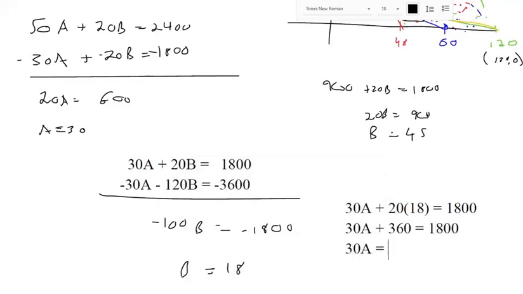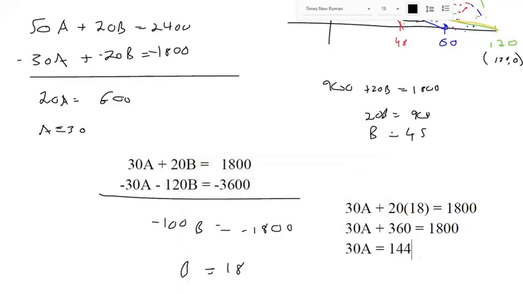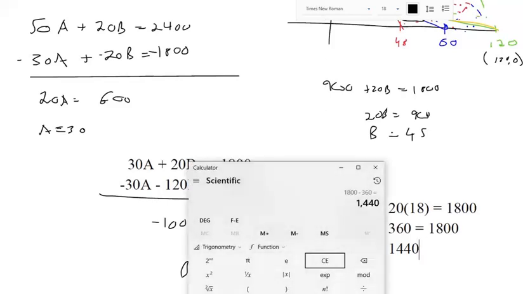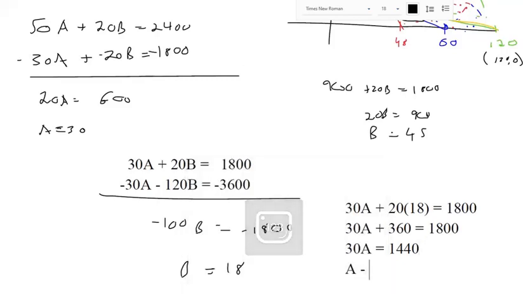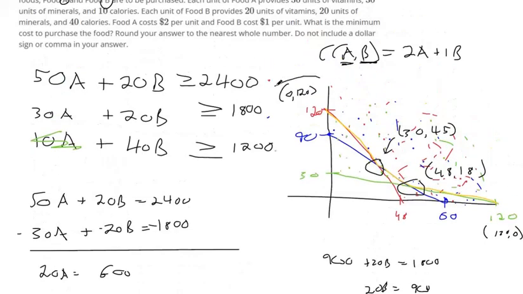Subtract 360 from both sides. 1,440. Then divide both sides by 30. So we get 48. So we found out 48 is the x coordinate, 18 is the y coordinate. So 48, 18.